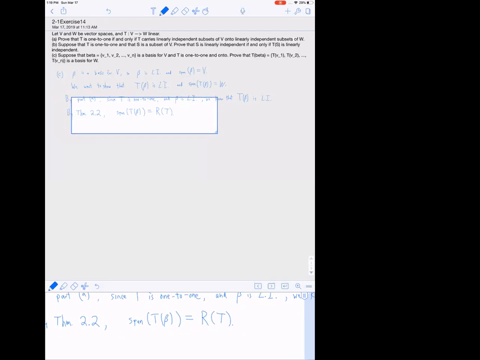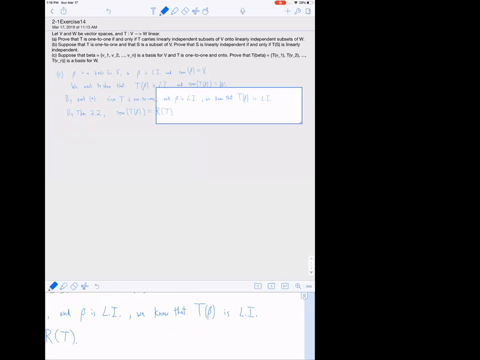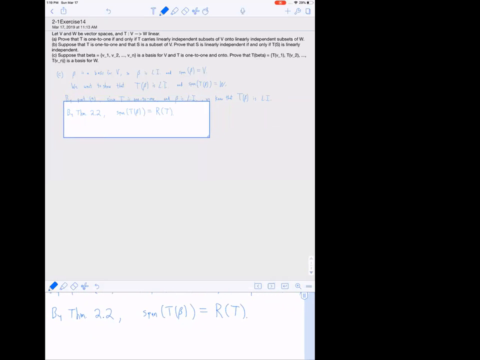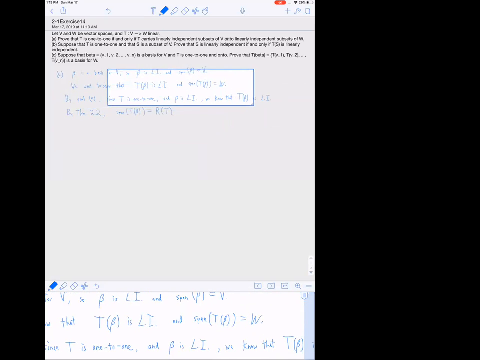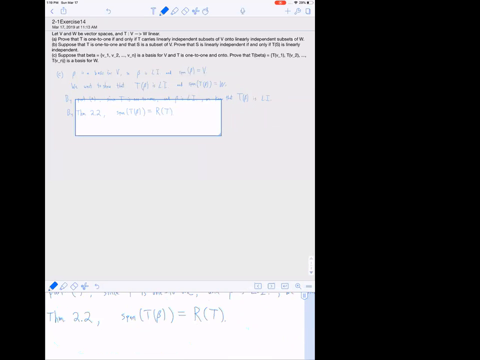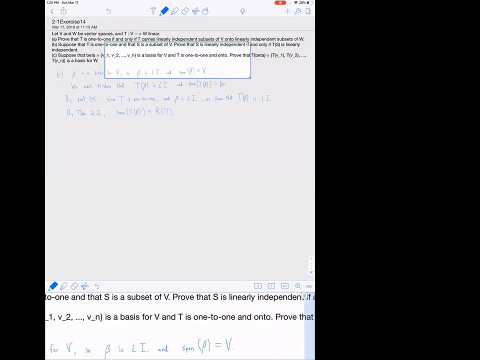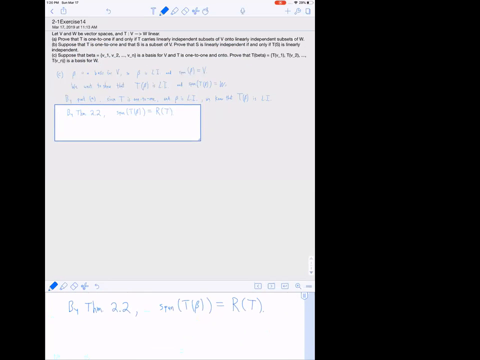Now that doesn't tell us automatically that T of beta forms a basis for the range, although in this case, we know that T of beta is linearly independent, so actually it does. In this case, we know now that T of beta forms a basis for the range of T. But we want to show that T of beta forms a basis for W. So we need to somehow relate the range of T to W. Right. In part C, we're supposing that T is both 1-to-1 and onto.